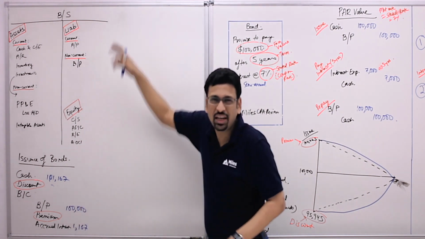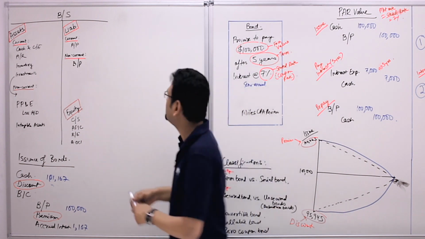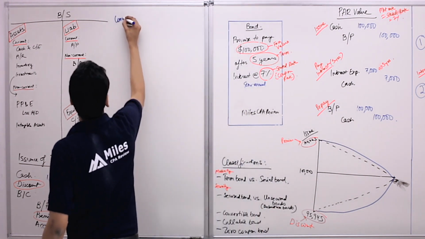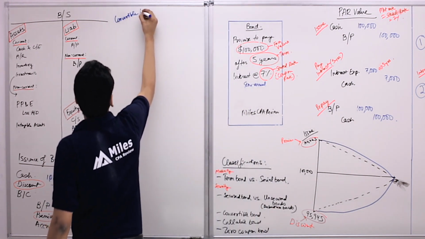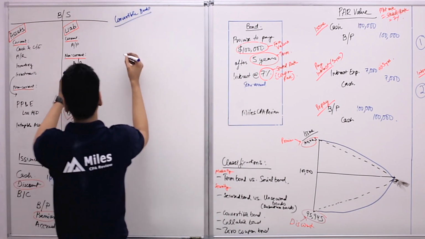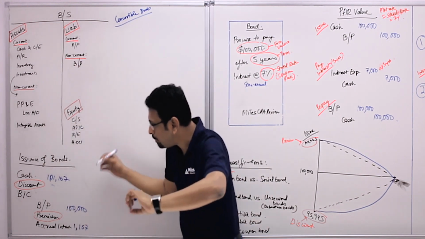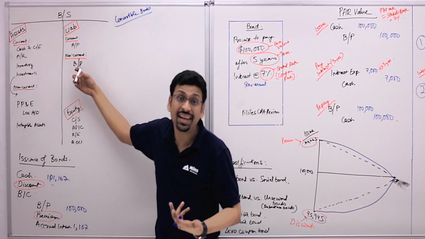So as you see, I've cleaned up this section of my board because I needed more board space. So convertible bonds, what's happening is the bond payable is no longer outstanding. So the bond payable, when we issued the bond, it was a credit because this one is a liability on our books.